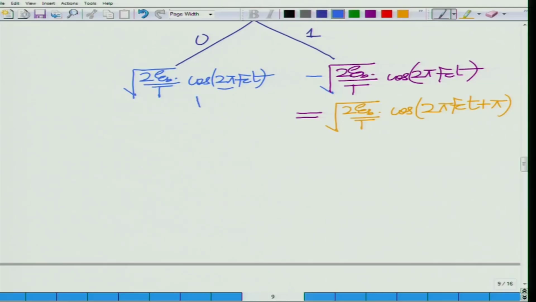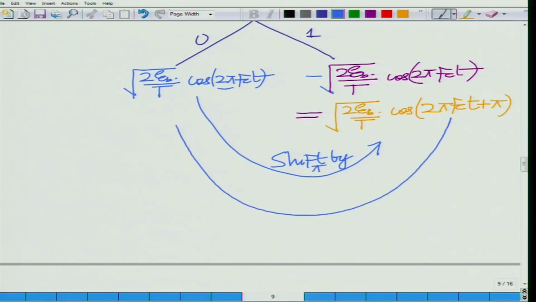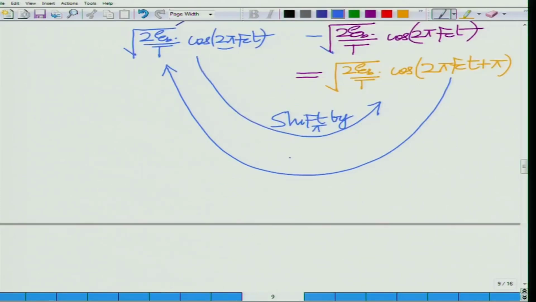So, you will realize that if you shift the phase of this waveform corresponding to information bit 1 by pi, you will get this.